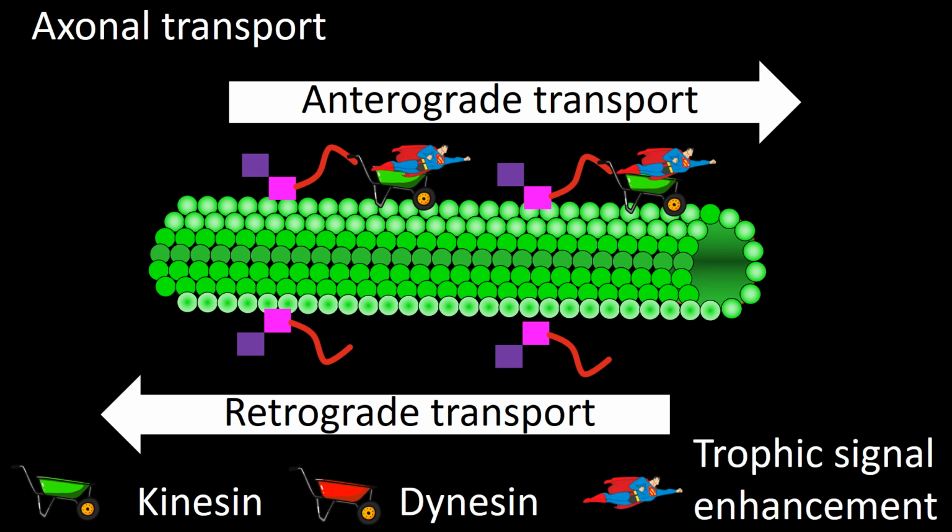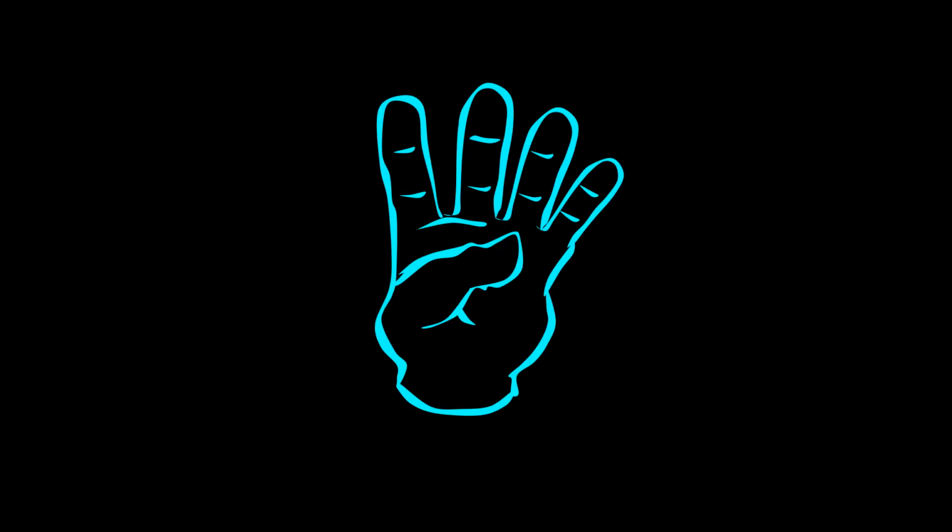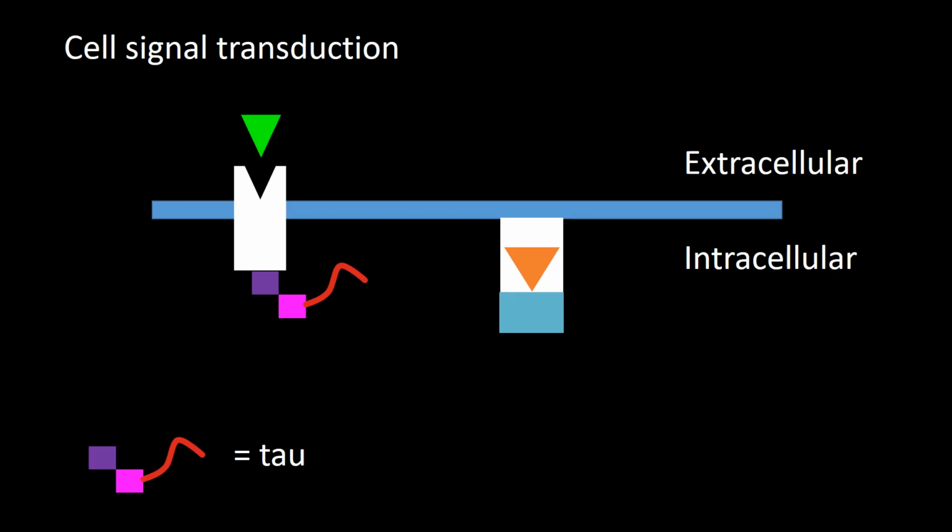Tau is also important for the transport of trophic signal enhancement. Trophic signal enhancers are biomolecules that support neuronal growth and survival. The fourth function is to be part of a cell signal transduction. Signal transduction refers to a transmission of molecular signal from a cell's exterior to the interior, where the signal ultimately triggers an action. Take a look at this animation. Notice the position of the tau protein.